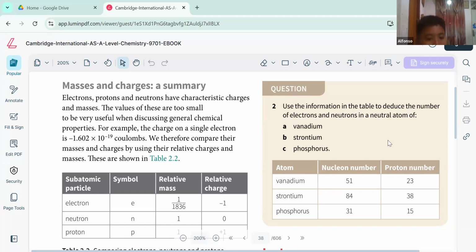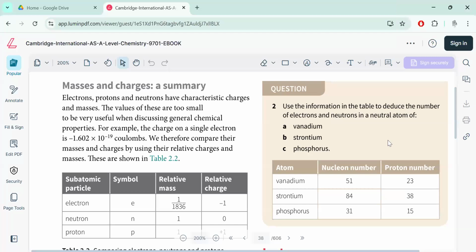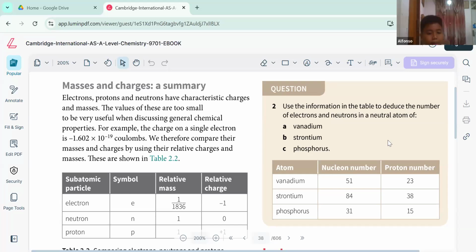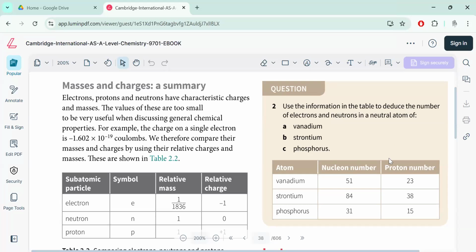How can we deduce if the atom is neutral? Is that your question? Yes. Okay, so basically, we're just going to assume that the atom is neutral because it doesn't state that it is an ion.